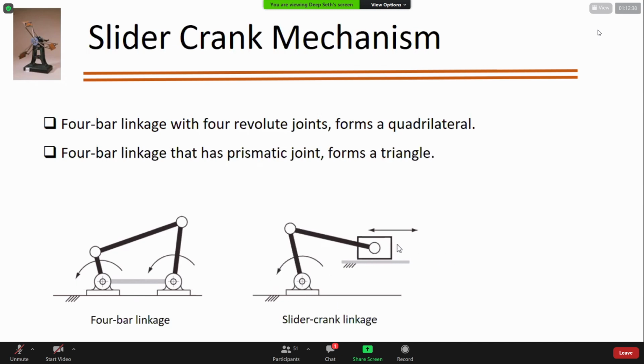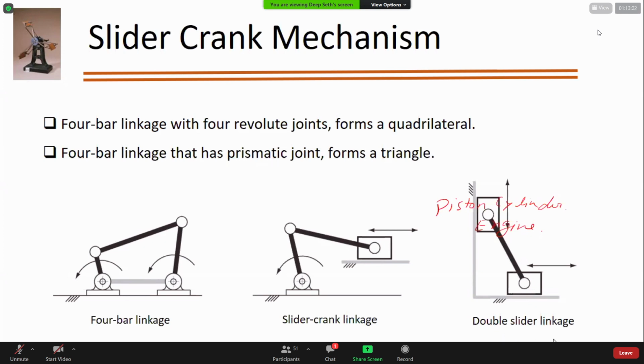So the crank will rotate and the slider will move forward and backward. The best example for this is the piston cylinder arrangement in your engine, maybe in a 2-wheeler or 4-wheeler. So this is a very good example for that.